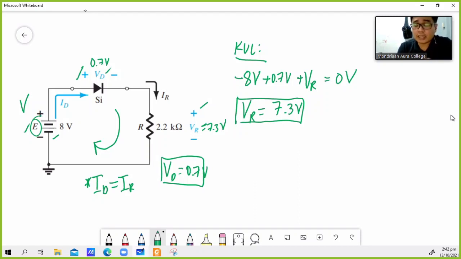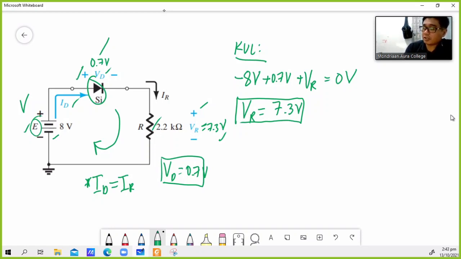So hindi mo siya direktang ma-measure or masusukat. So paano yun? Hindi natin alam yung resistance ng silicon, alam mo yung voltahe niya, hindi mo masusolve si diode current. Pero dito, sa load resistor natin, alam mo yung resistance, alam mo yung voltahe, masusolve mo yung kuryente.